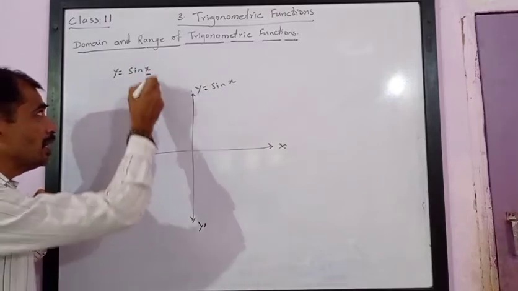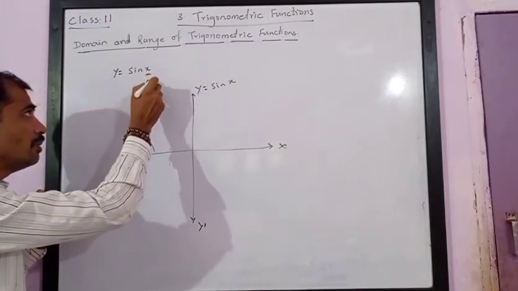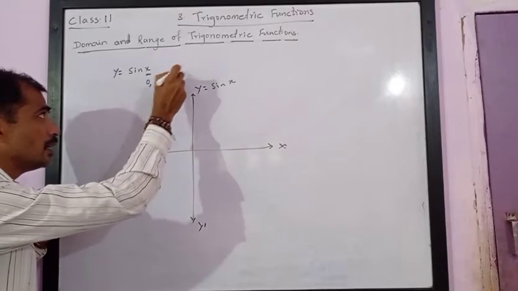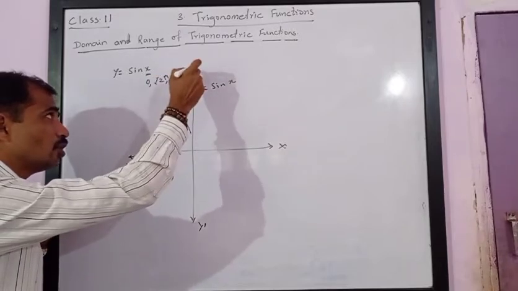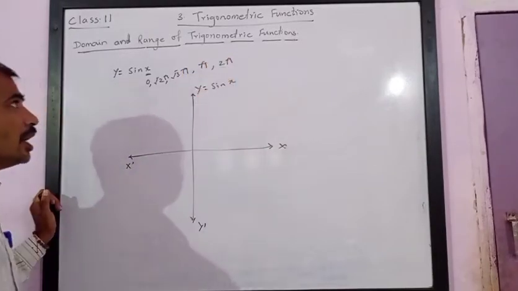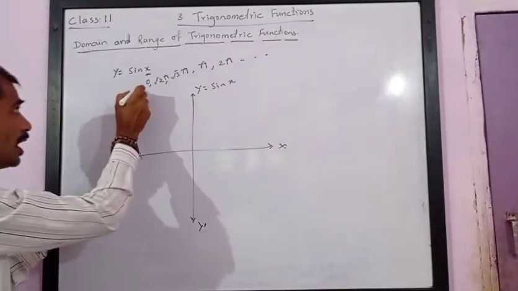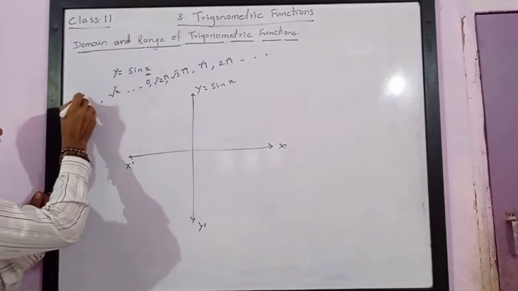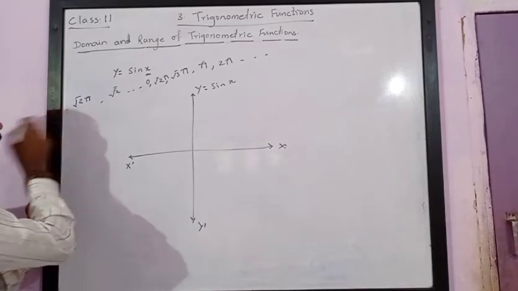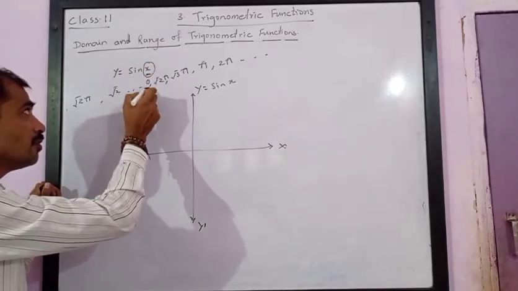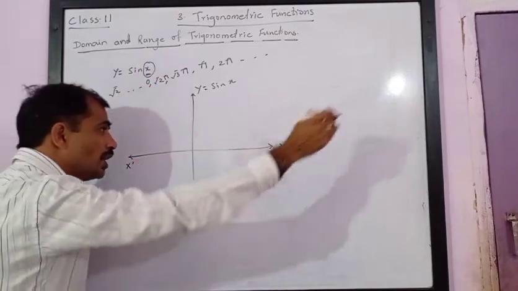It can be 0, pi, twice pi, and so on. In the negative direction also it can be minus pi and so on. So the angle can be anything.